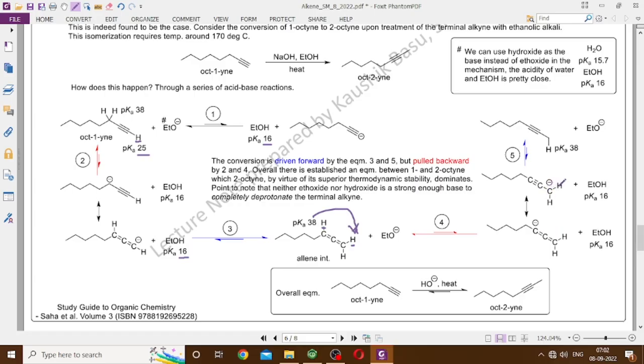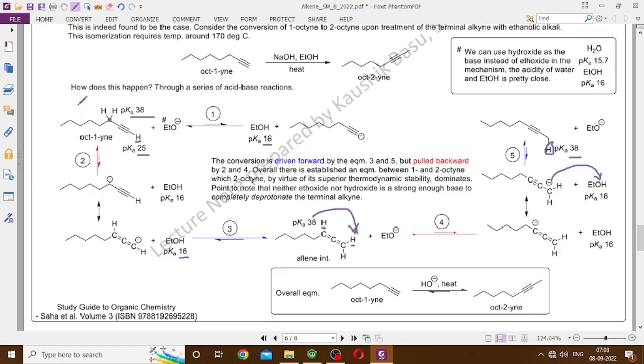And once you have that on the terminal carbon, you have ethanol present in the medium, and now this carbon can take away this hydrogen from ethanol to give you this one. We know that a carbon-hydrogen bond right adjacent to an sp carbon of an alkyne moiety has a pKa of 38, so this pKa is also 38. And if that pKa is 38 and that pKa is 16, this equilibrium will be favoring the internal alkyne.